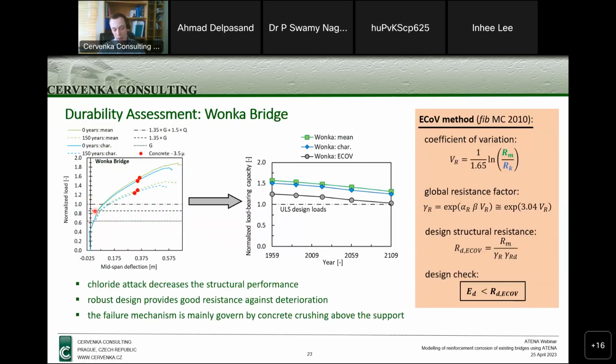And based on that, we can deduce how the load-bearing capacity decreases over time. In this image, it's shown on the load displacement diagram, where these two lines correspond to the structure unaffected by the chlorides, and this reduced capacity is from the analysis where we assume 150 years of the chloride attack.